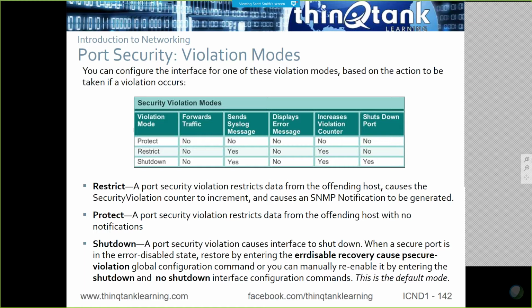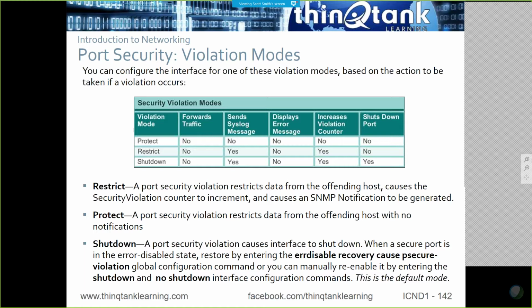So the whole point of port security is to prevent rogue devices from being attached to the network, to prevent some sort of attack using MAC flooding, or to prevent somebody from plugging in their old laptop or additional devices on the network that you may not be aware of, okay?